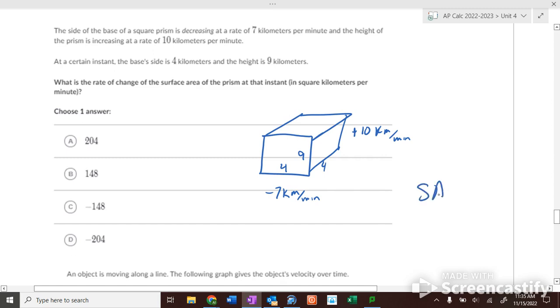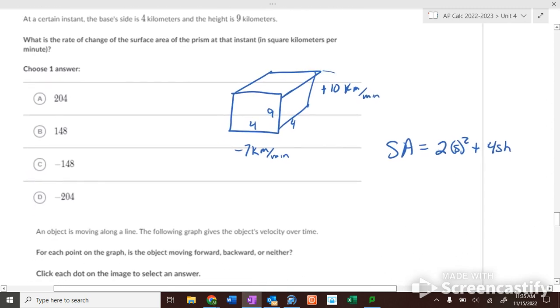So the surface area of a square-based prism is the area of the two bases, which is 2 bases times the area of the side squared, plus there are four rectangles going around. So it's the side times the height. So there are 4 times the side times the height. That's the surface area.